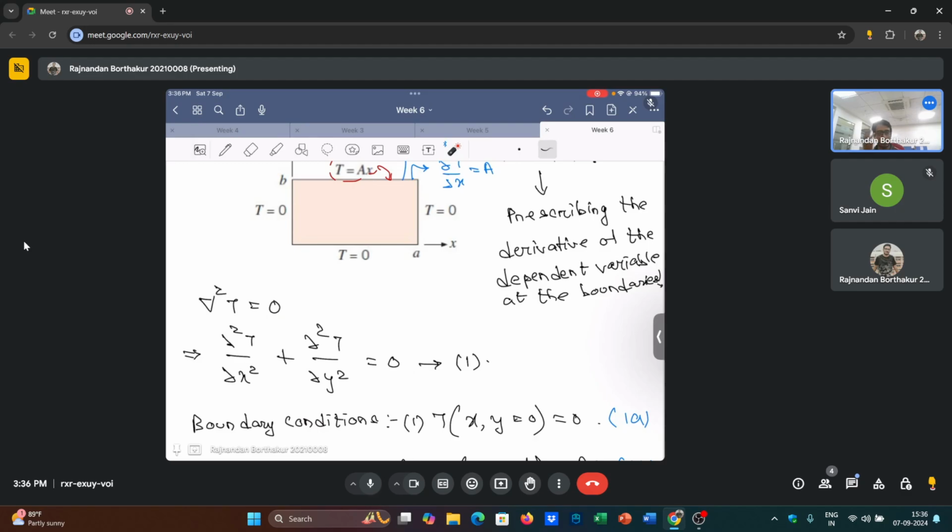So these are some basic stuffs associated with the method of variable separation and its limitations. But for this problem, and for the problems that mostly we will see in this course, we will encounter homogeneous boundary condition at least in one direction. Okay, all right. So any questions?